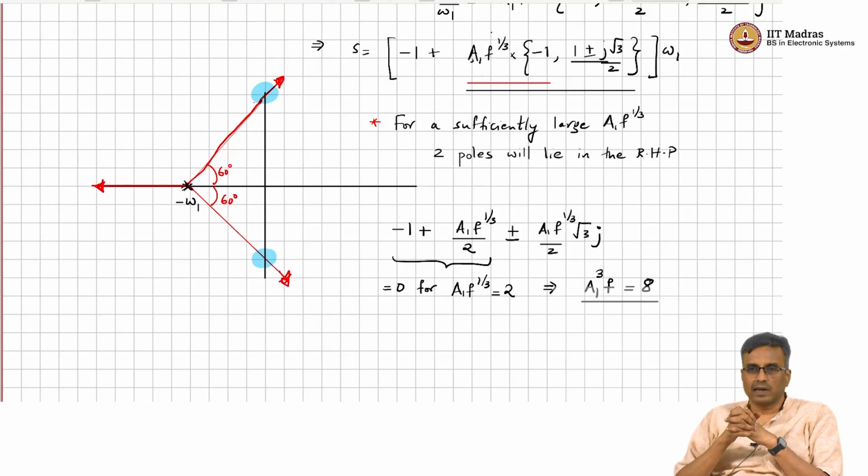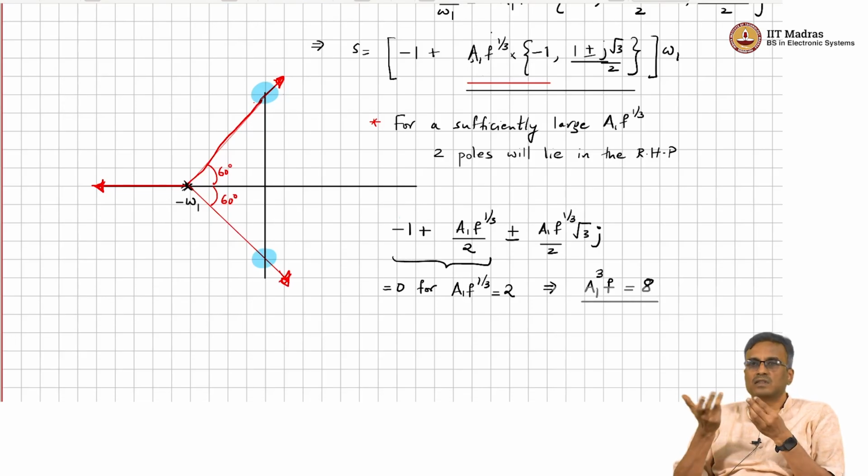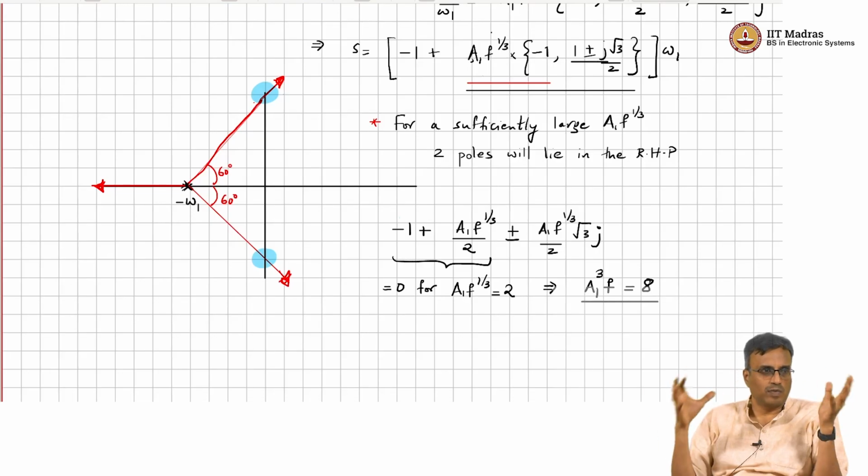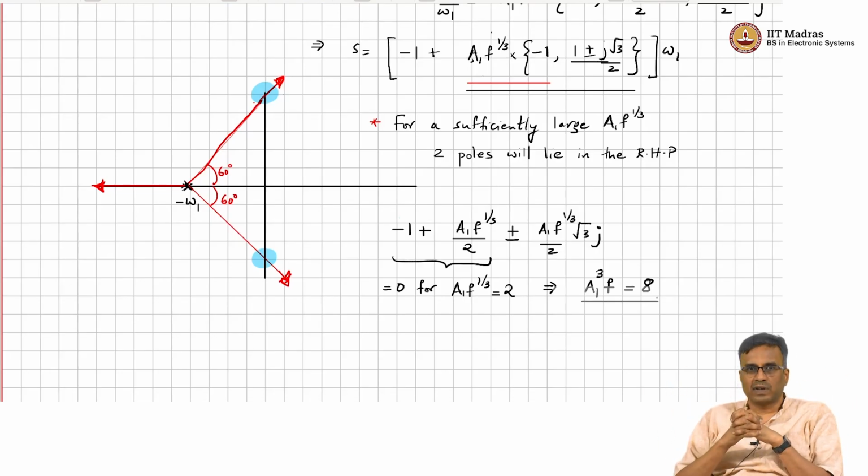So that is basically a terrible thing, right, because this now defeats the entire purpose of using 3 stages. What is attractive is that you can get a lot of gain with 3 stages. If each stage has a gain of 100, the gain of 3 stages is 10 power 6, and that is a very nice thing.